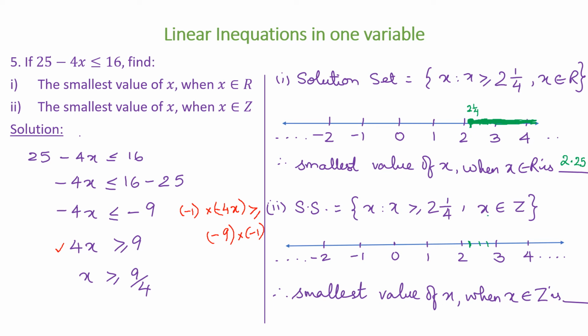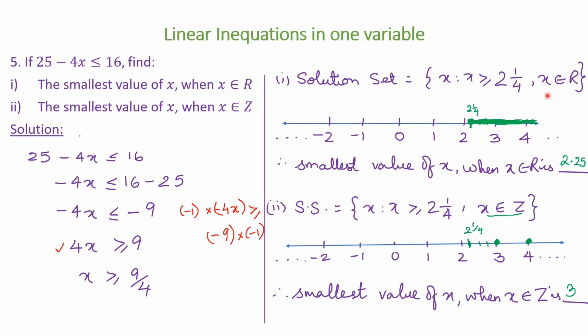But because x belongs to Z, this value, though it is 2 1/4, is no longer in the solution set, and my solution set will start from here: 3, 4, 5, 6. So the smallest value of x is going to be 3. Do you see the difference between this answer and this answer?